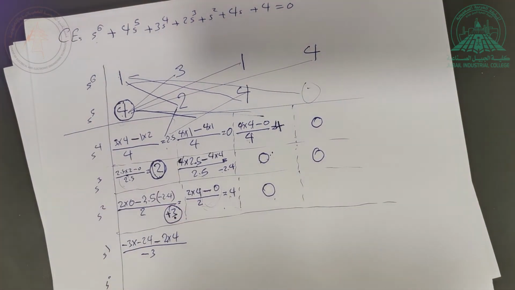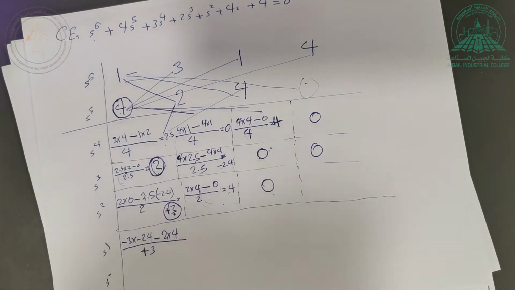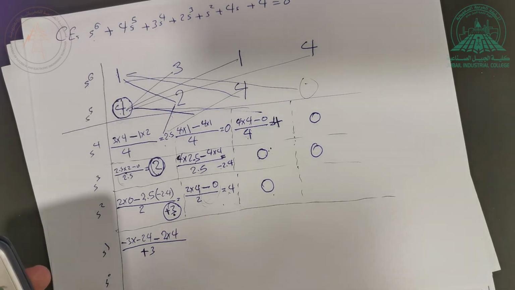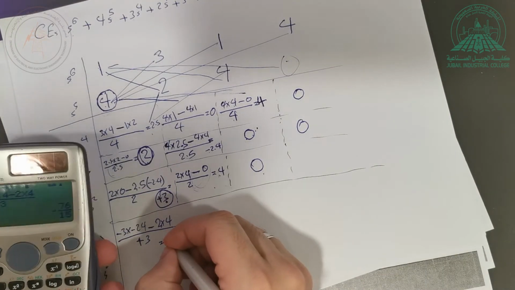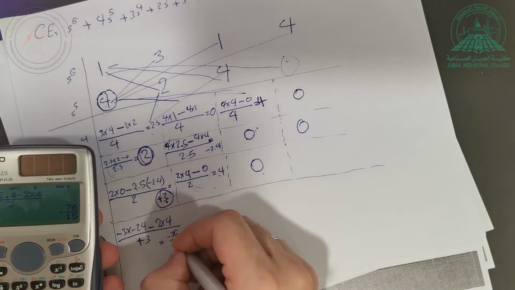I had a mistake here. So here this should be plus 3 like this. Fine. Now let's go back again to this one. So we get minus 76 over 15.